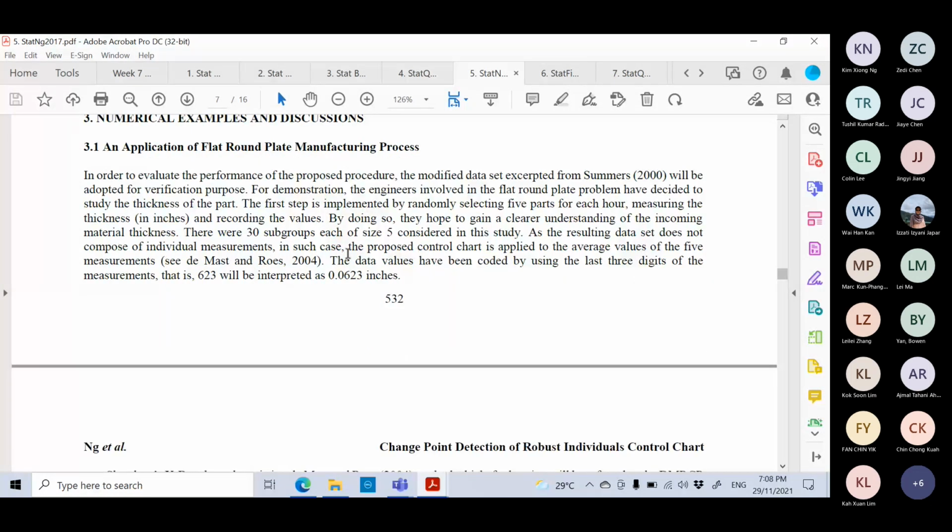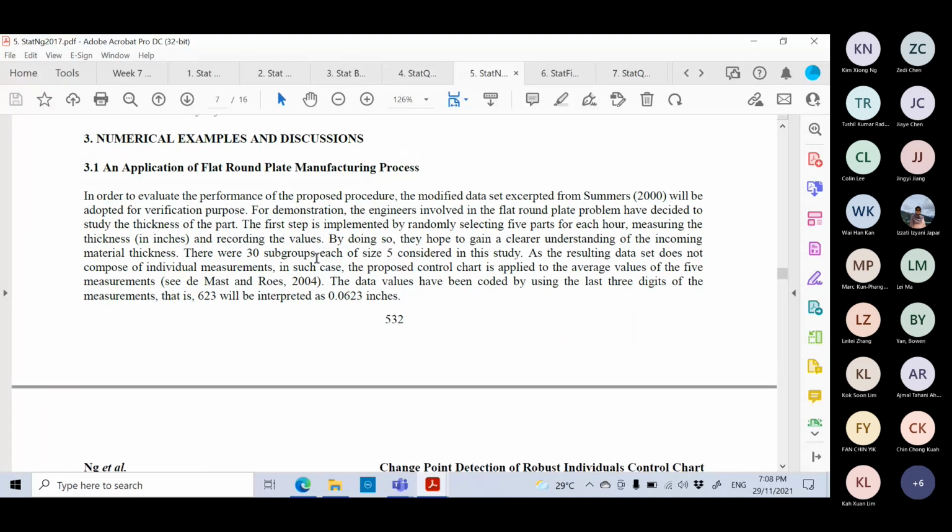Okay, when we go through the application of this example, we also took it from certain books or from a journal where we have a data set. Because when we want to get a real data set, it's quite difficult for us. And if your real data set does not have a change point, does not have this type of characteristic, you can't demonstrate that your proposed technique is working.